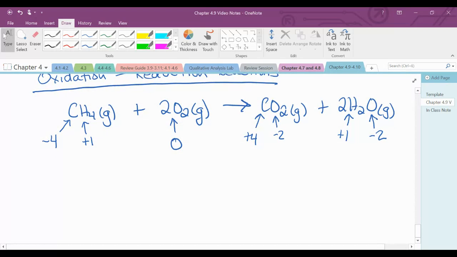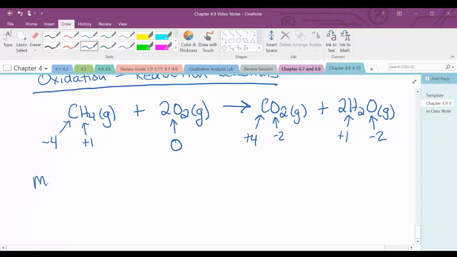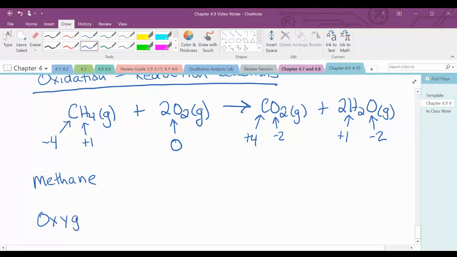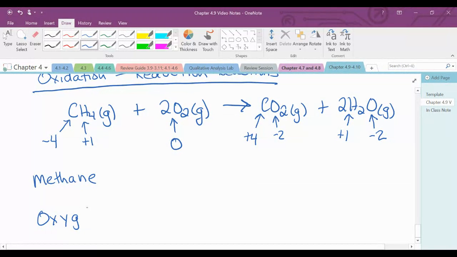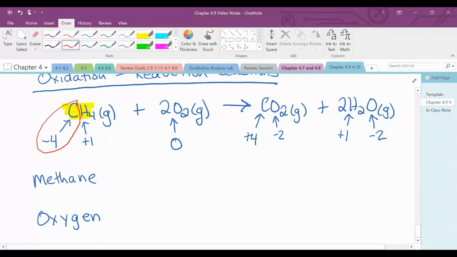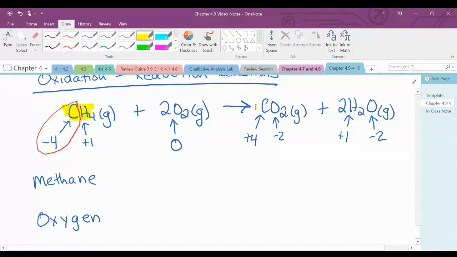So what we're looking at is methane and oxygen. And we're going to determine which one is being oxidized and which one is being reduced. So here's methane. What I'm specifically looking at in methane is the carbon here, and then the carbon over here.